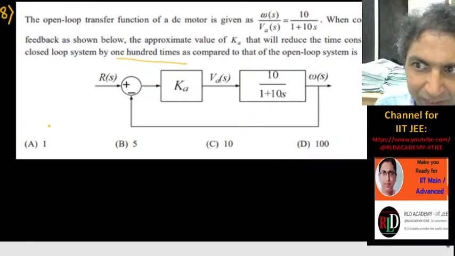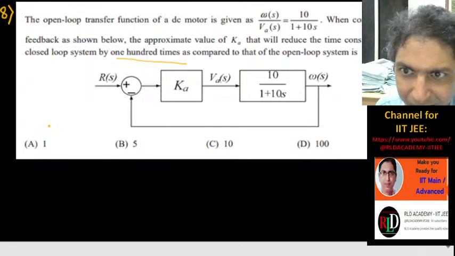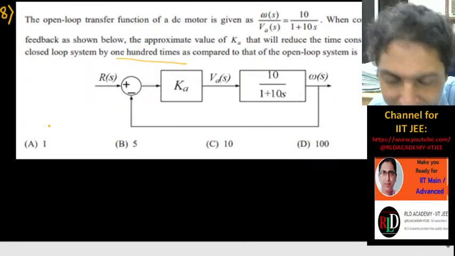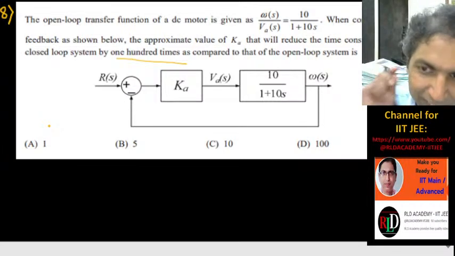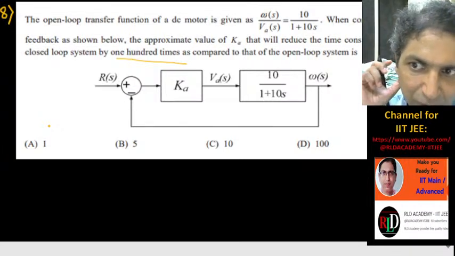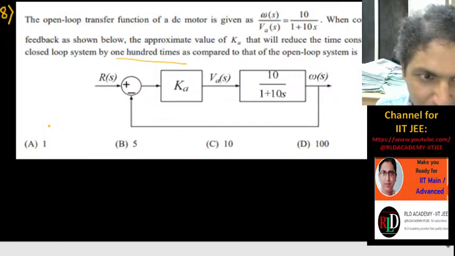Then we need to find the value of K for which the time constant is reduced by 100 times in the closed loop system.